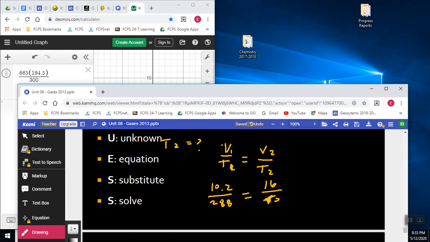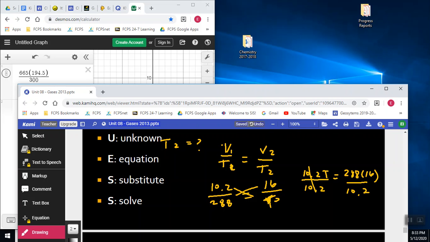That's a T. To solve, I'm just going to cross multiply. So 10.2 times T equals 288 times 16. Now I've got 10.2 times T, so I'm going to divide by 10.2, and that goes away.